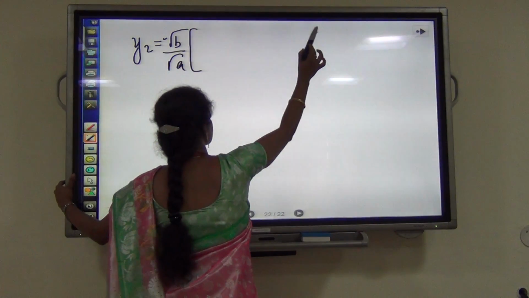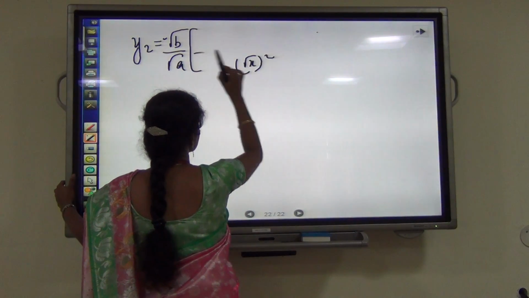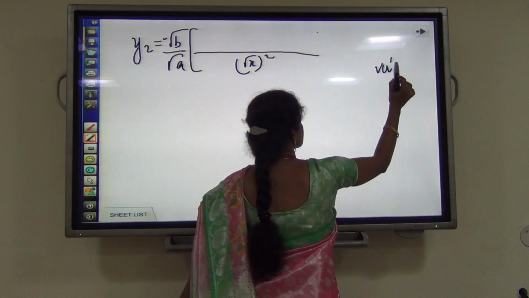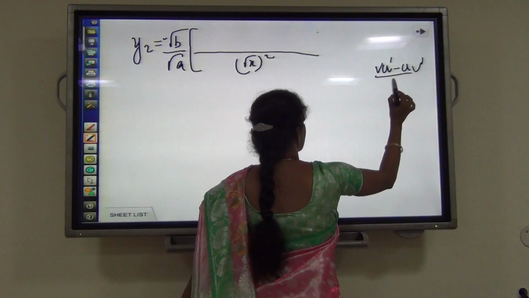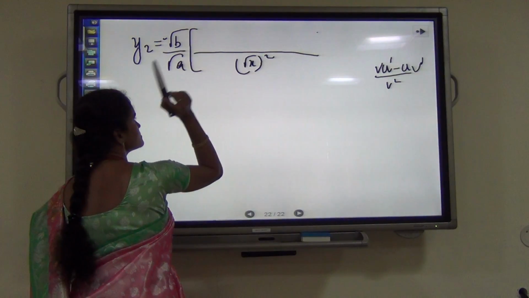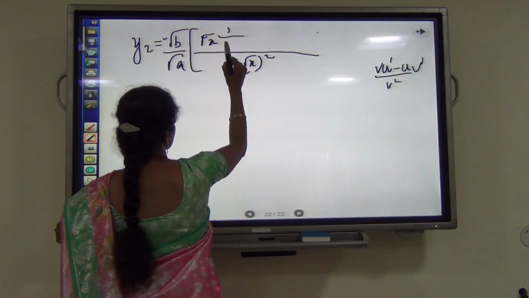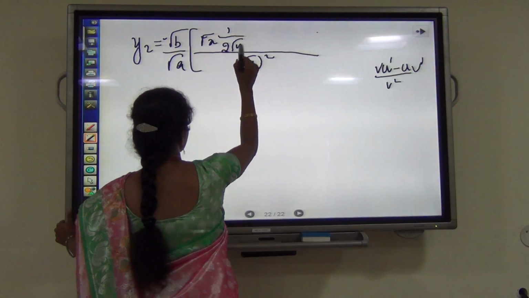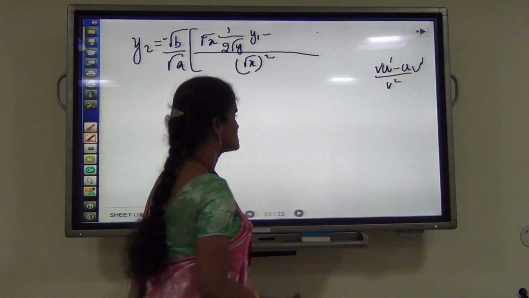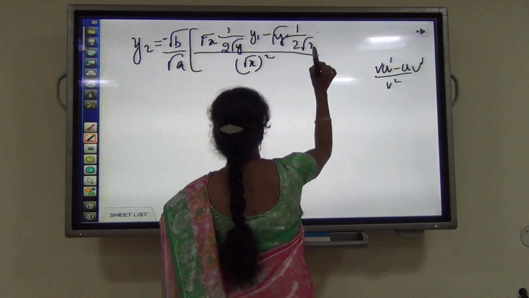As we differentiate, what is the formula? v u dash minus u v dash by v square. So v square is x, v u dash is root x into 1 by 2 root y into dy by dx, that we can give as y1, minus u v dash, where u is root y into 1 by 2 root x.